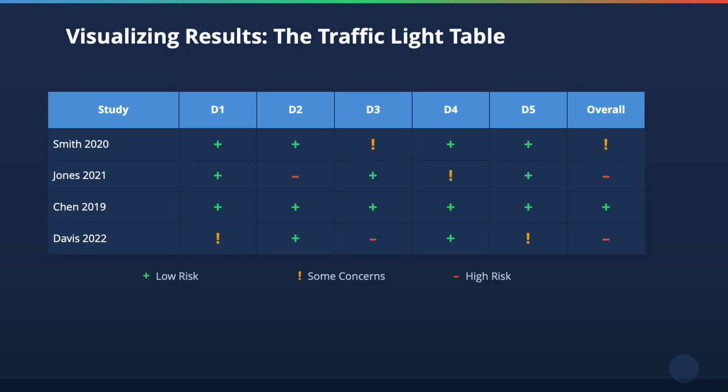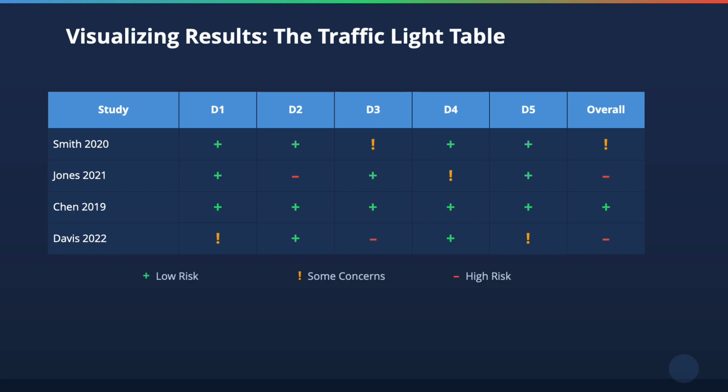Looking at this example, Chen 2019 has all green, so low overall. This is the ideal, but unfortunately uncommon scenario. Smith 2020 has mostly green, but some concerns for domain 3, missing outcome data, making the overall some concerns.